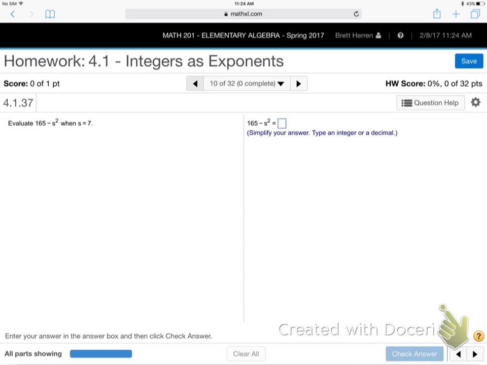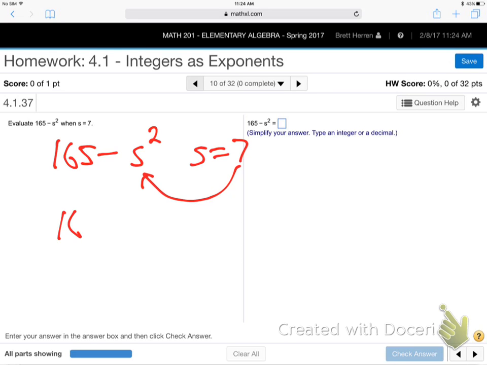All right, so 165 minus s squared. S is 7. So plug in that 7, and then just use your calculator. So it'll be 165 minus (7) squared. You put parentheses around things that you plug into formulas. So 165 minus 7 squared, which is 49, gives 116.